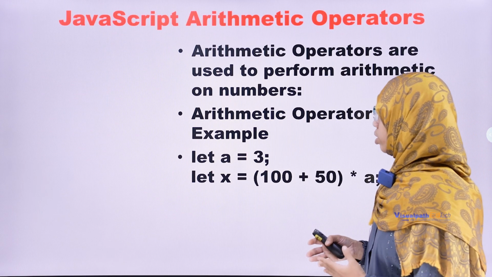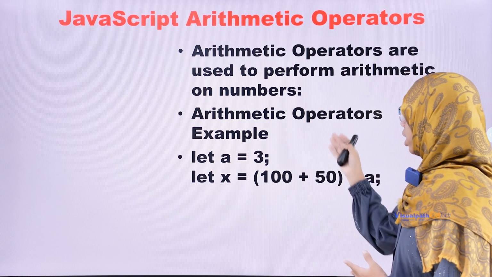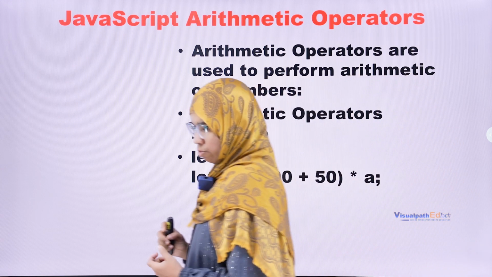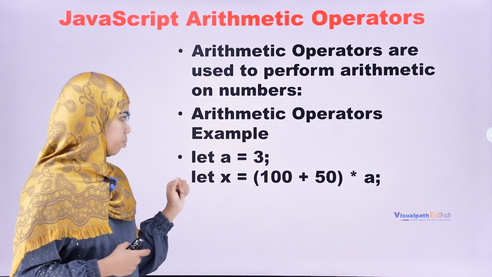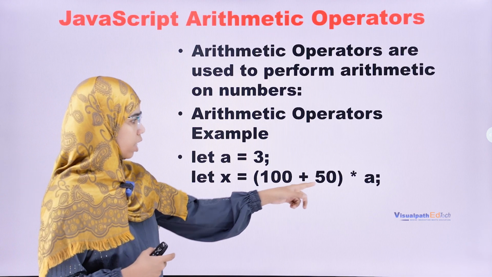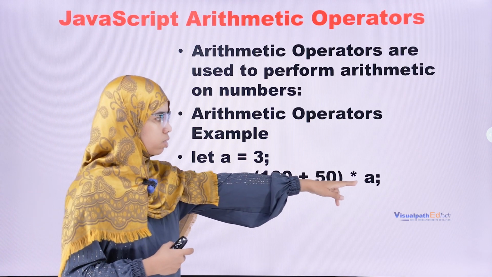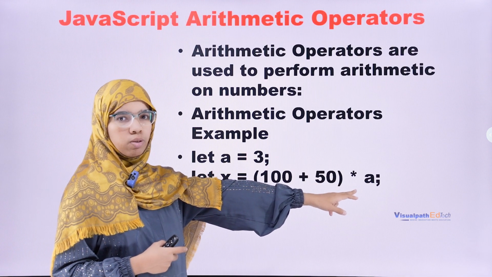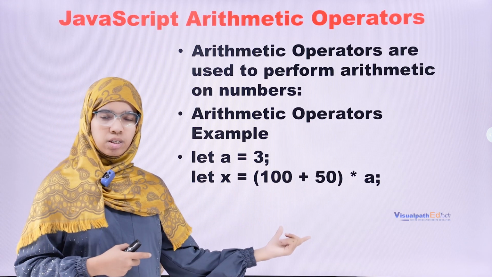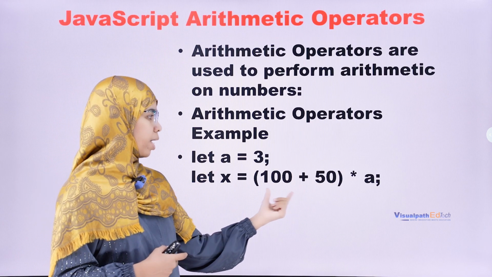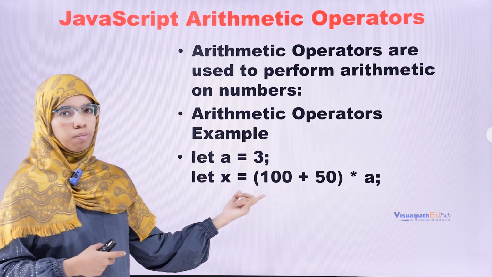Now, first, what is an arithmetic operator? Arithmetic operations, here we are performing. You see here, variable a is assigned 3, and we are performing certain calculations. We are giving the values and computing with variable a. With respect to the precedence of the operators here, since brackets are there, brackets will play a major role.